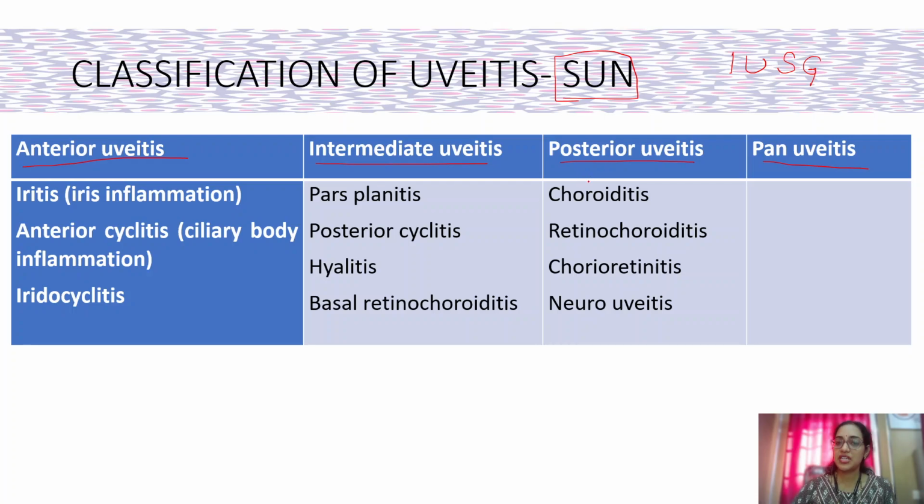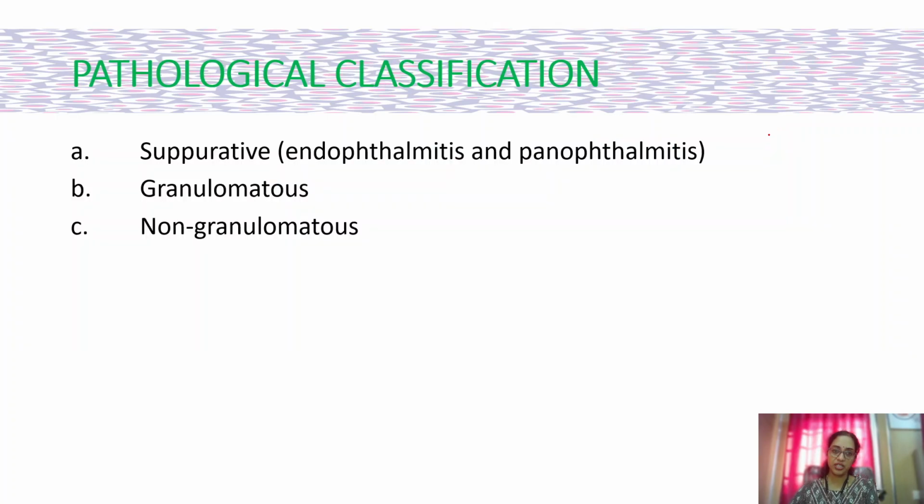In posterior uveitis, we have choroiditis, retinochoroiditis, chorioretinitis, and neurouveitis, which means optic nerve inflammation. Then we also have retinal vasculitis. So these are the subtypes of posterior uveitis. Then we have panuveitis, which includes inflammation of all parts of the uvea.